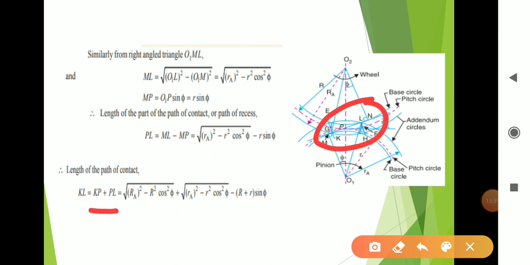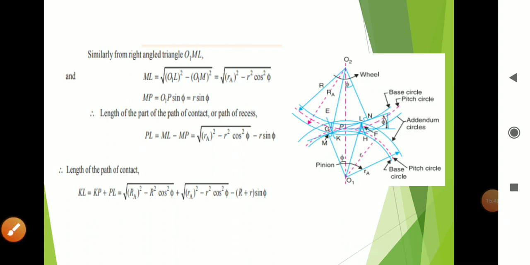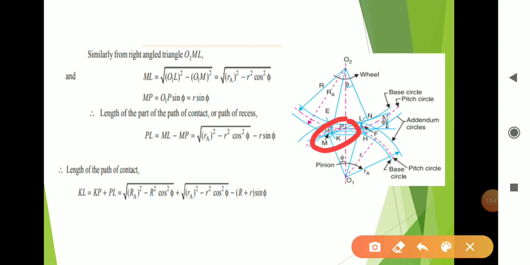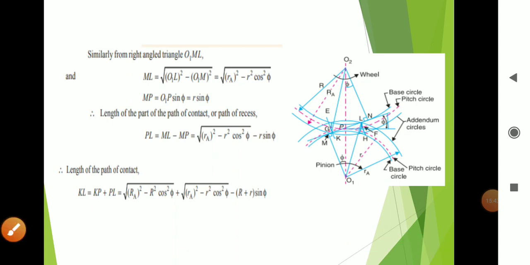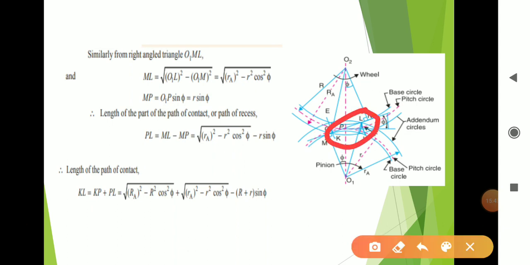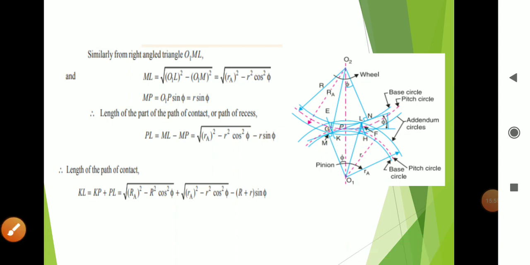KP is the path of approach and PL is the path of recess. Addition of these two gives the length of path of contact. So KL is equal to KP plus PL.